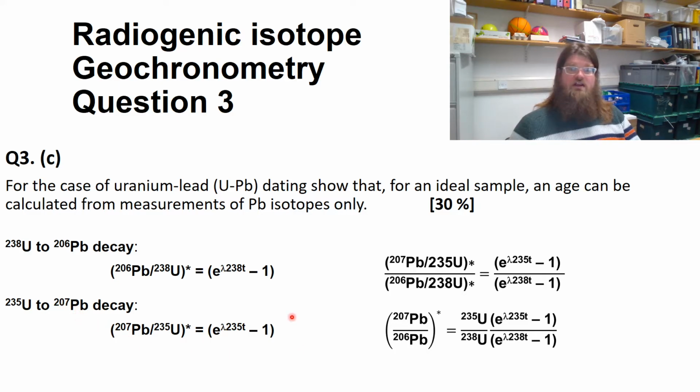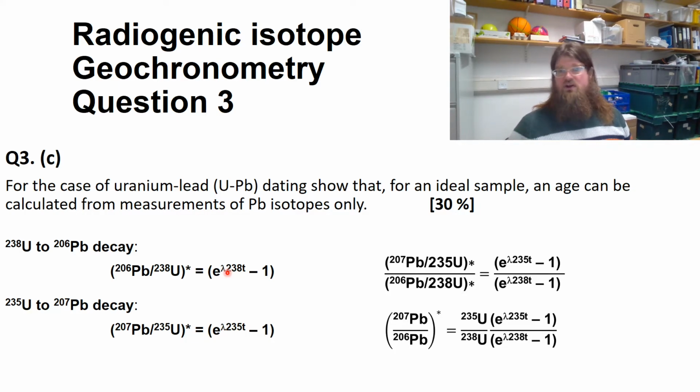So we could write another equation, the same as for the 238 to 206 decay, for the 235 to 207 decay. That's this one here. They just have different decay constants because they are different parent isotopes decaying to different daughter isotopes. With these two equations, we can finally combine them.